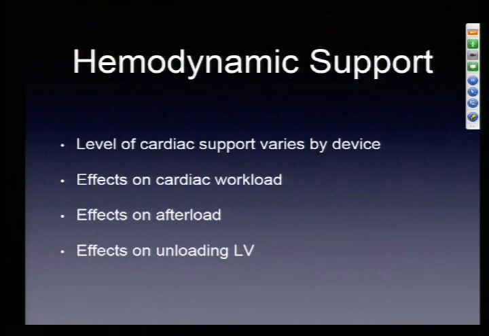Some of them increase the cardiac workload, which means that the heart is actually working harder and it's not recovering, whereas some of them decrease the cardiac workload and allow the left ventricle to recover over time.